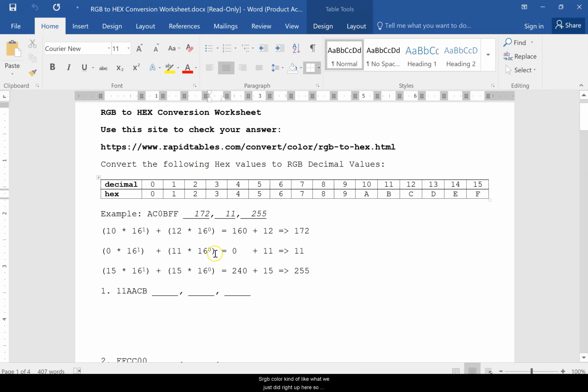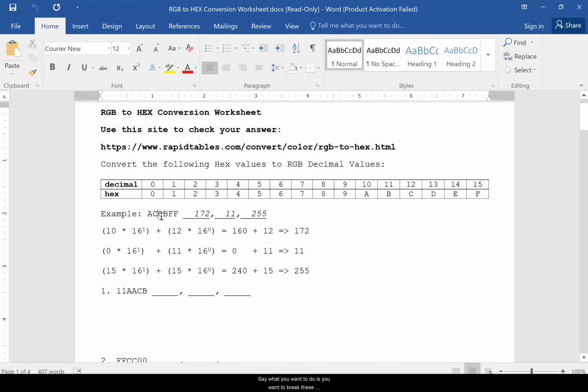So the way that you would calculate it is, what you'd want to do is break these down into two separate letters or numbers. Okay, so we have A and C. C is our first number right here, which is represented by a 12.